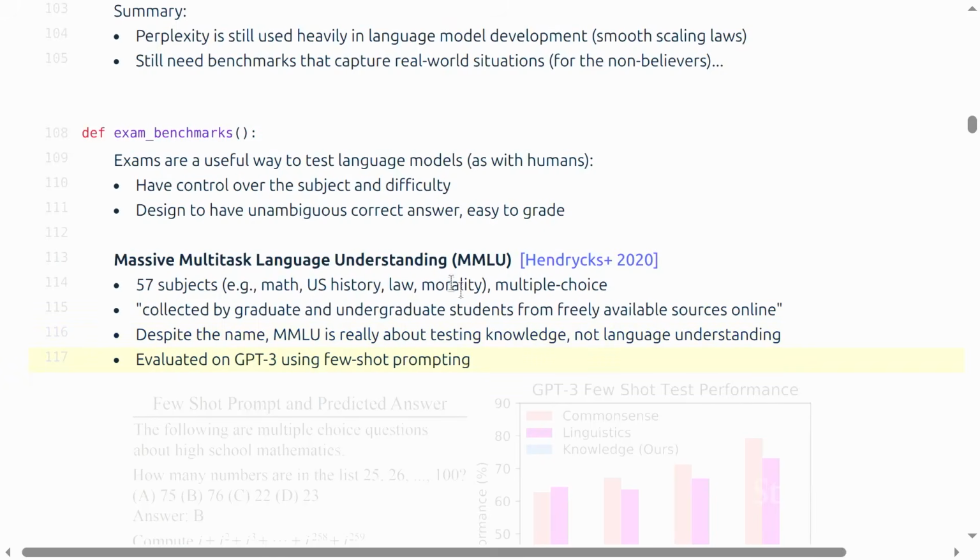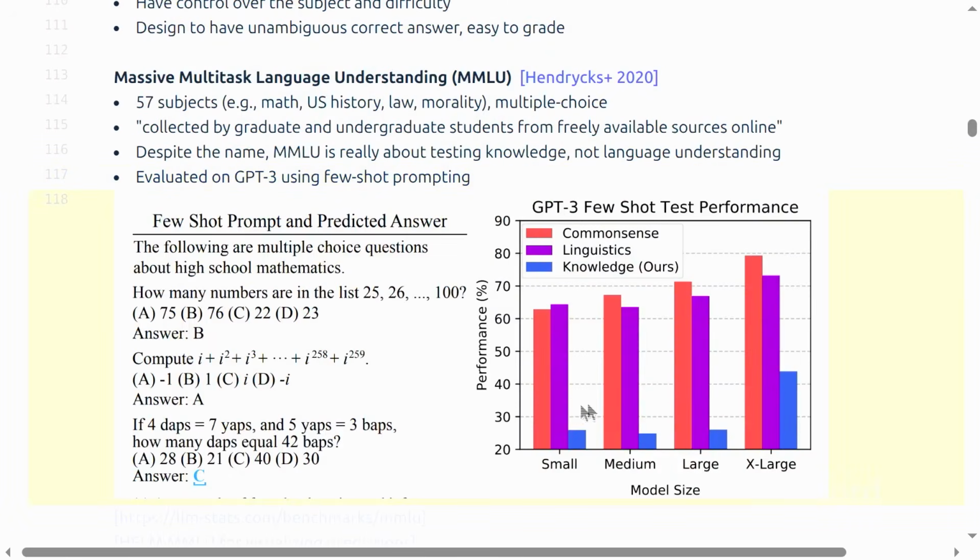The way they evaluated it was with GPT-3 using few-shot prompting. They essentially formed this prompt: the following are questions about high school mathematics, then some in-context examples of question and answer, and then the final question, and the model has to predict the answer.